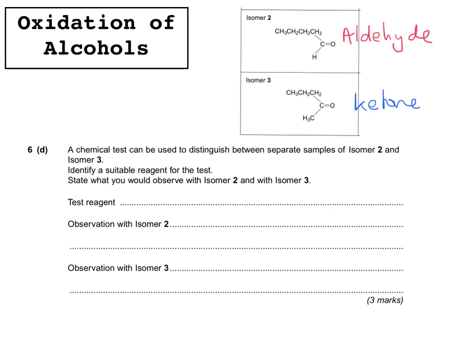So as I said before, there are two things you could use to test for these. Either you can use Tollens reagent, or you can use Fehling solution. For Tollens, you will see with the aldehyde, isomer 2, a silver mirror.